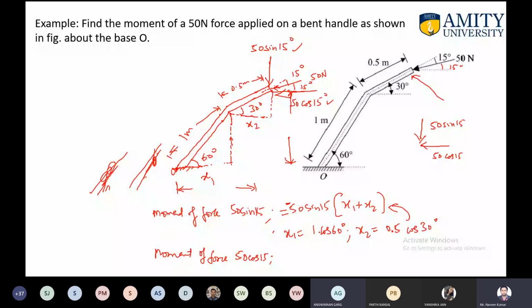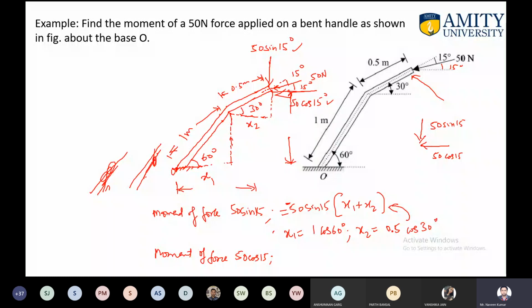So I am again repeating for 50 sin 15. See, this is the force acting downward. The perpendicular distance will be this one. So we have to calculate this perpendicular distance. How? I have just dropped a perpendicular here, a geometrical perpendicular. Just extend this line. This will be x1. Similarly, from here I have drawn the perpendicular, and this is the perpendicular distance. So I have to calculate x1 and x2. When we add these two, we will get the perpendicular distance for 50 sin 15, x1 plus x2.